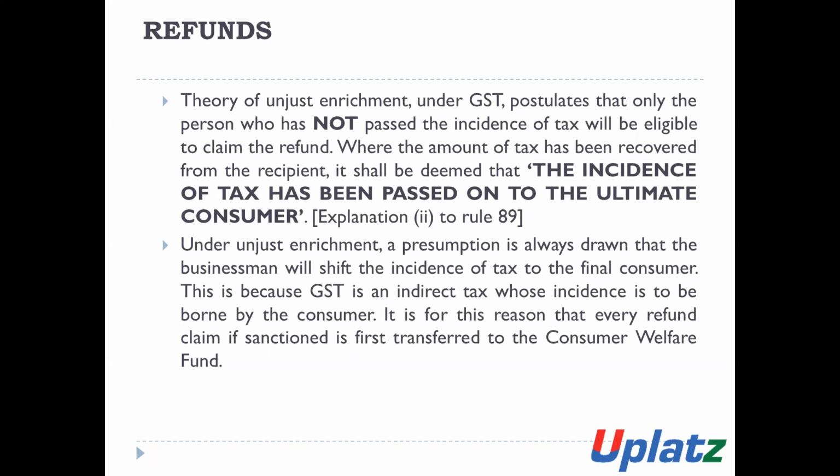When the refund is sanctioned by the proper officer or by the commissioner, it is first transferred to the Consumer Welfare Fund, and when it is properly satisfied that there is no unjust enrichment, then the amount of the refund will be transferred to the taxpayer, the person who is eligible for the refund of such tax.